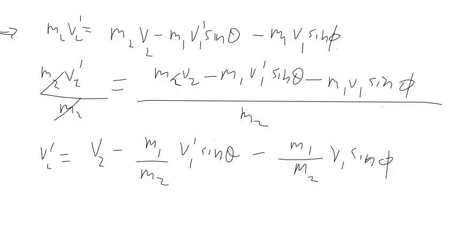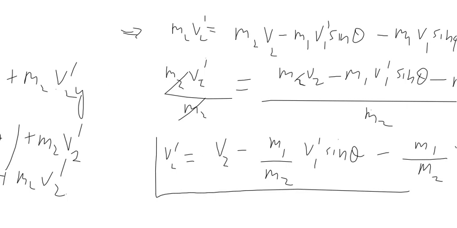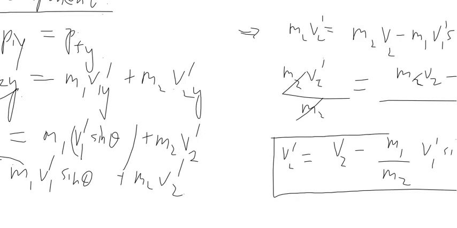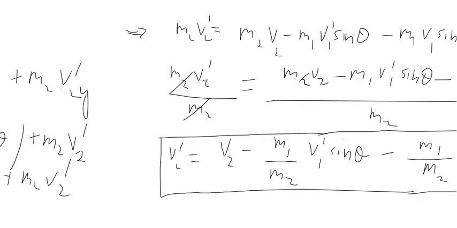So we figured out the equations for v1 prime and v2 prime. And that is how you solve an elastic collision problem to determine the final velocities of the collision.